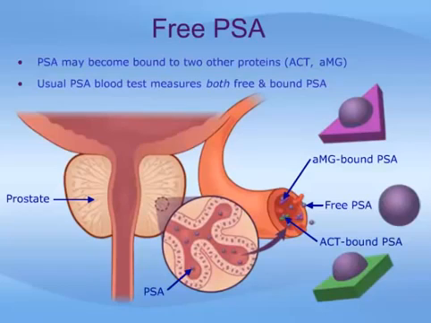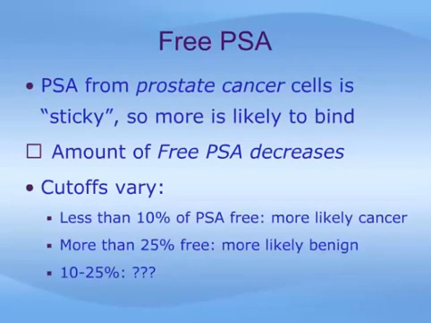The usual PSA blood test measures the levels of free and bound PSA in the blood. PSA from prostate cancer cells tends to be more sticky than PSA from non-cancerous cells, so it is more likely to bind to these other molecules. As a result, in prostate cancer, the percentage amount of free PSA goes down.